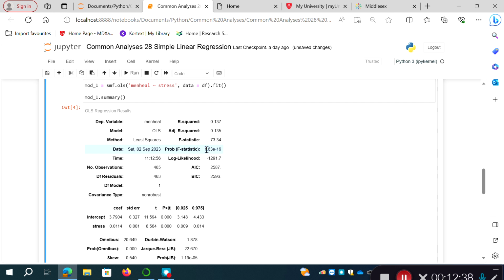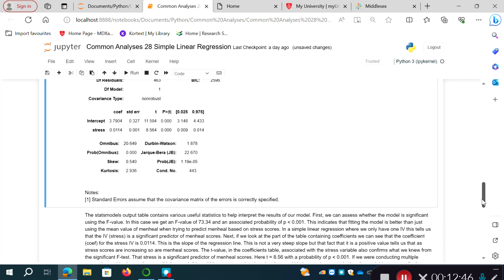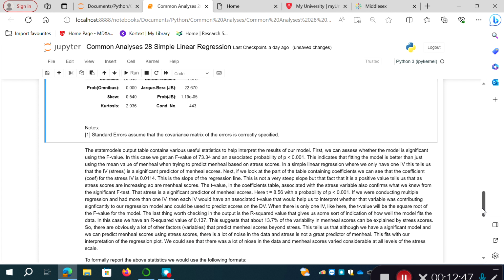We'd have to move the decimal 16 places to the left to get the exact p-value, but it's much less than 0.001. So we've got an F value of 73.34, an associated probability of p less than 0.001. This indicates that fitting the model is better than just using the mean value of mental health when trying to predict mental health based on stress scores. So that slope of the line is better than using a line of 0 effectively.